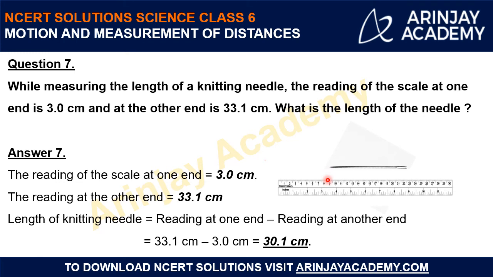If you subtract this, you will get the length of the knitting needle, which would be equal to 33.1 centimeter minus 3.0 centimeter, which is 30.1 centimeter. So this is the length of the knitting needle. We are done with question 7. Let's move to the next one.